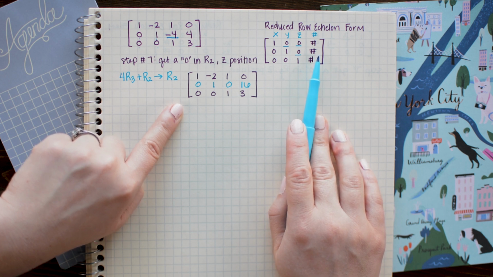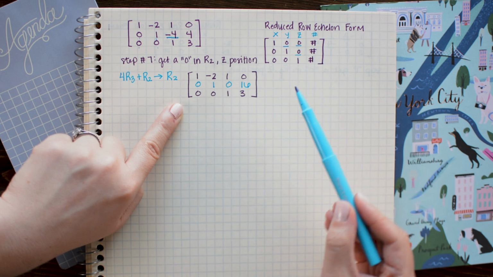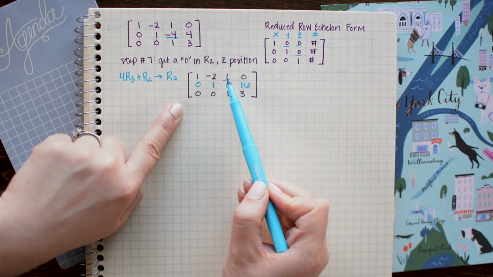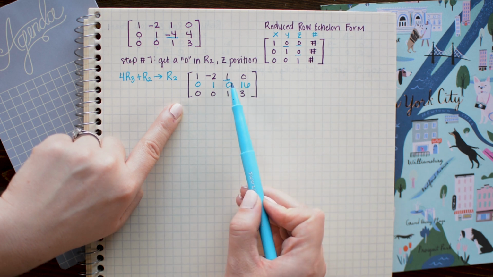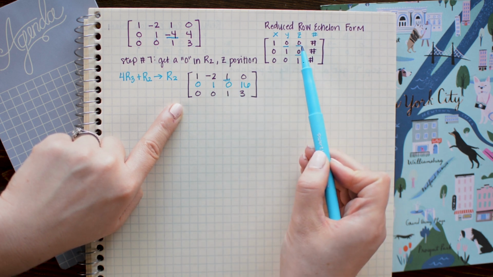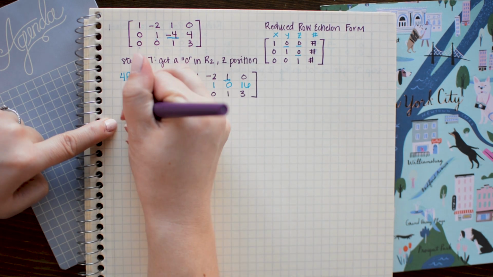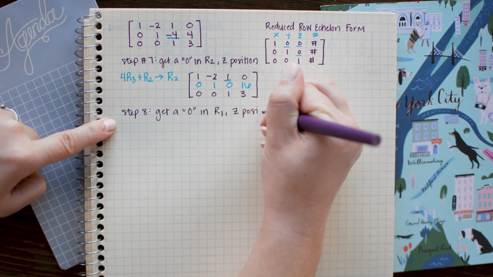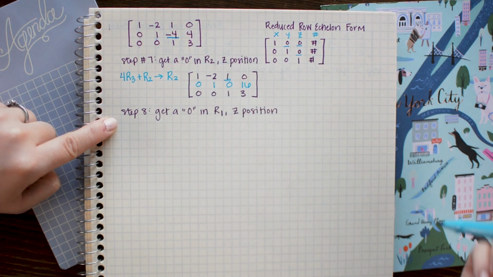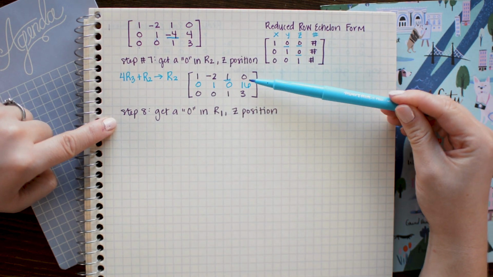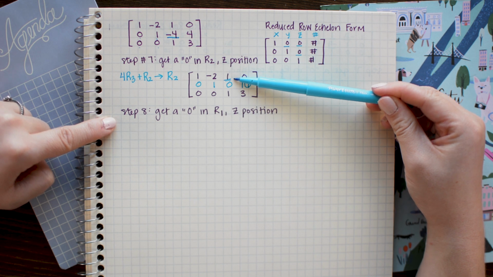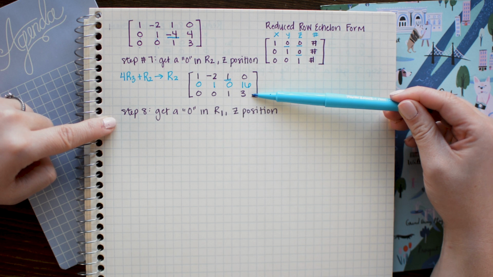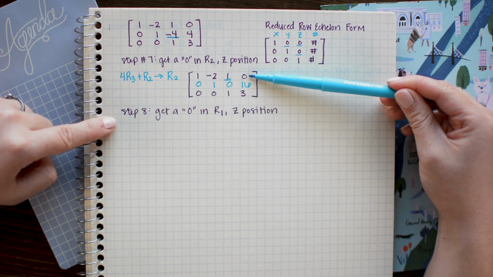Now I'm going to work on row 1. Just like we've been doing, I am going to strategically work my way up by focusing next on the z in the first row. So I want that to be a 0. Now you'll notice that in order to get a 0 in the z position of row 1, I need to take -1 of row 3 and add it to it.